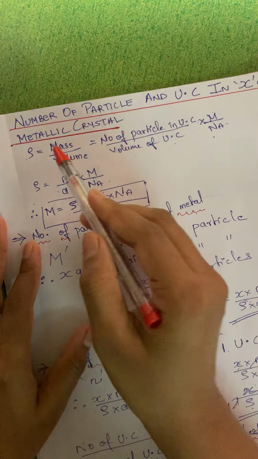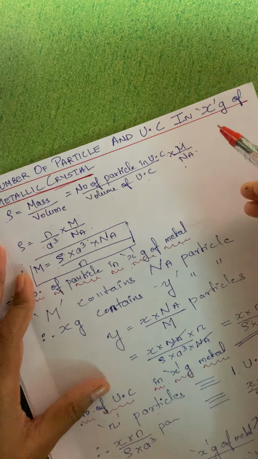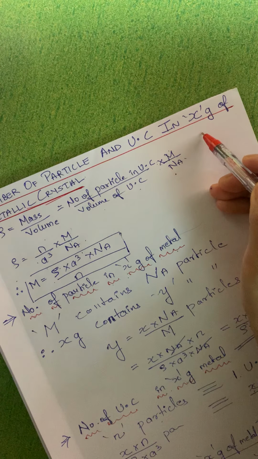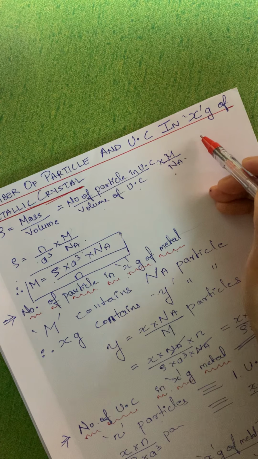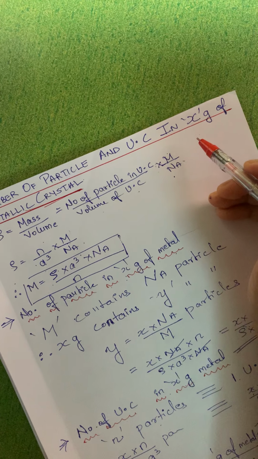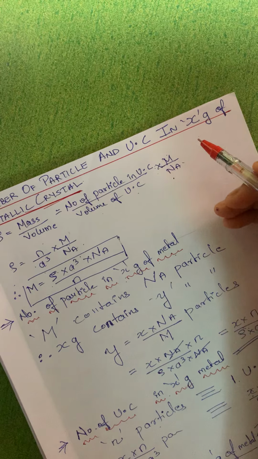And the last one: number of particles and unit cells in x gram of metallic crystal. That means any amount, if I am taking like 10 gram of metallic crystal, then what will be the relation?